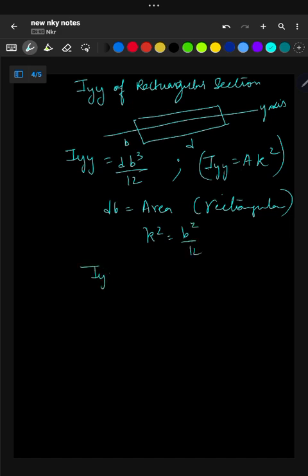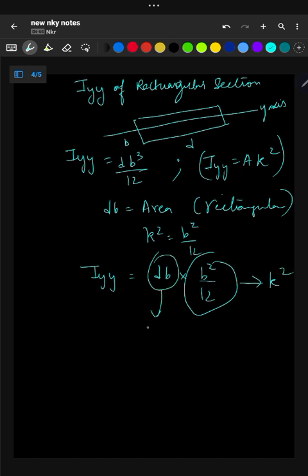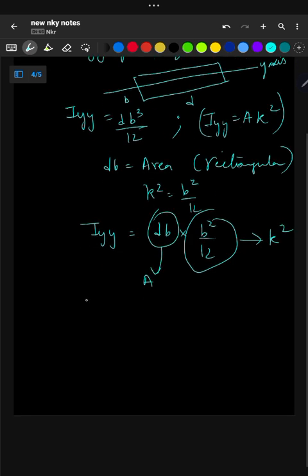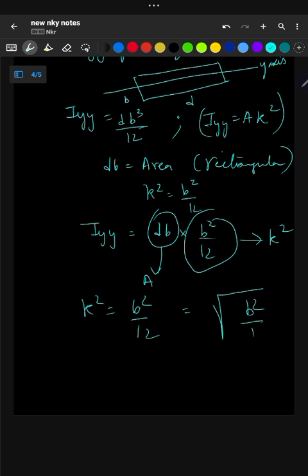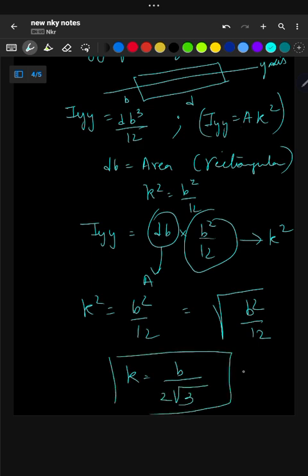So k equals the square root of B square by 12, that is k equals B by 2 root 3. This is nothing but the radius of gyration.